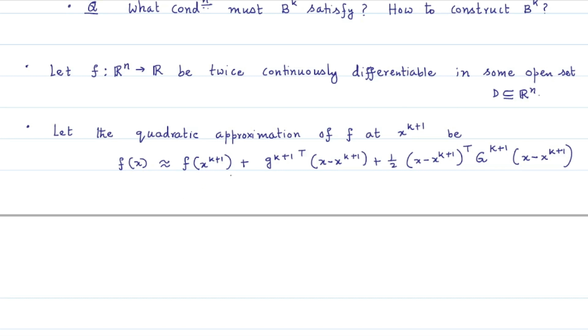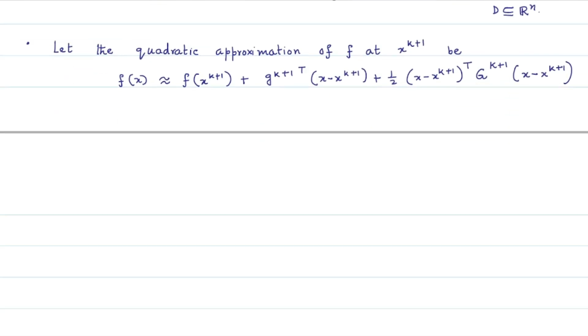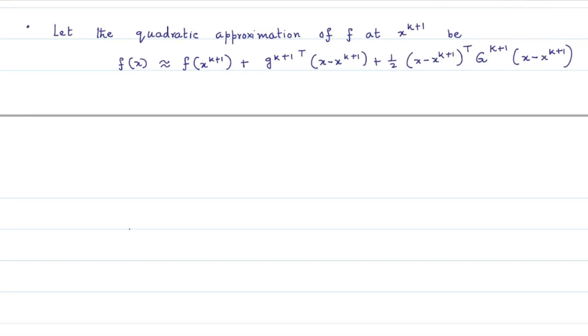And then we consider this right hand side expression as a quadratic approximation of the function f at xk+1, and let us try to find what condition Gk+1 should satisfy so that this quadratic approximation will mimic the Taylor's quadratic approximation that we have used in deriving Newton's method. To find the conditions that this Gk+1 should satisfy, let us take the derivative of this function f.